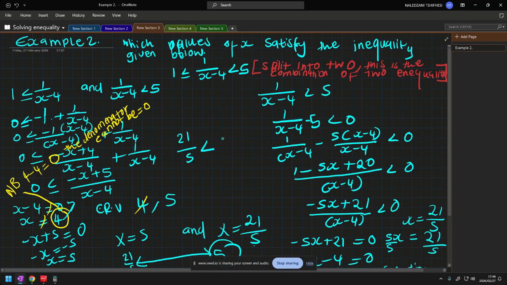So it must be 4.2, it must be less than x, and then x must be less than or equal to 5. Yeah, that's our solution. That's our solution.